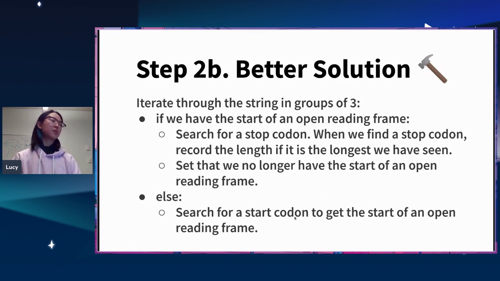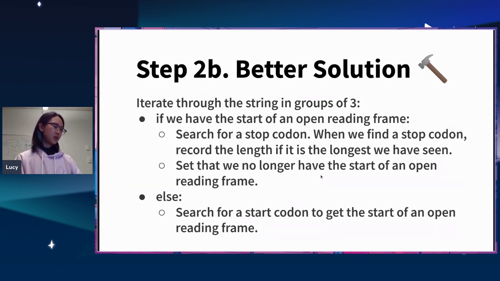Once we find a start codon, then we have an open reading frame. After that, we search for a stop codon. When we find a stop codon, we record the length if it is the longest we've seen, and set that. Then we set it back such that we no longer have the start of an open reading frame.